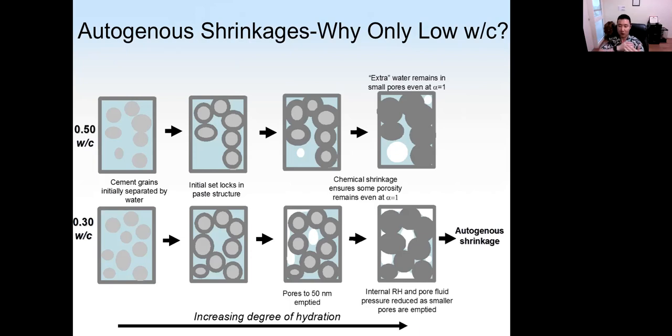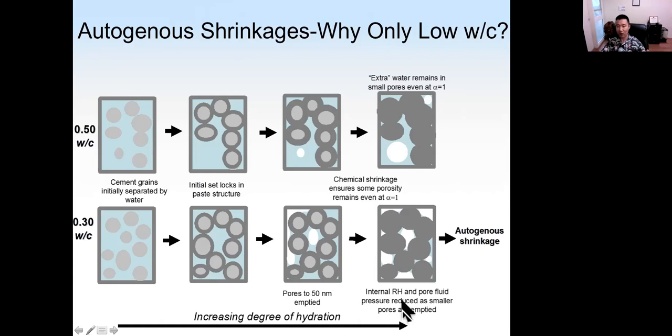So the reason for shrinkage is due to drying of the pores. Remember that for now. For concrete with a lower water to cement ratio, the pores will dry out. The internal RH in the pores and the pore fluid pressure will reduce as smaller pores are empty.